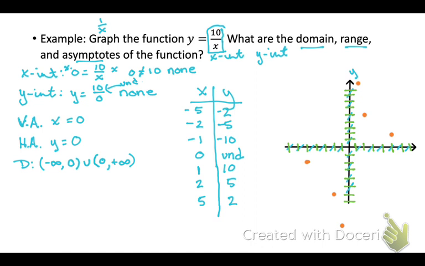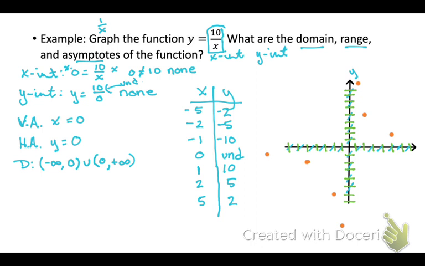And so, like, what if I went to, like, -10? If I went to -10, what would the answer be? 10 over -10 would be what? -1. So I could go, like, clear out here.